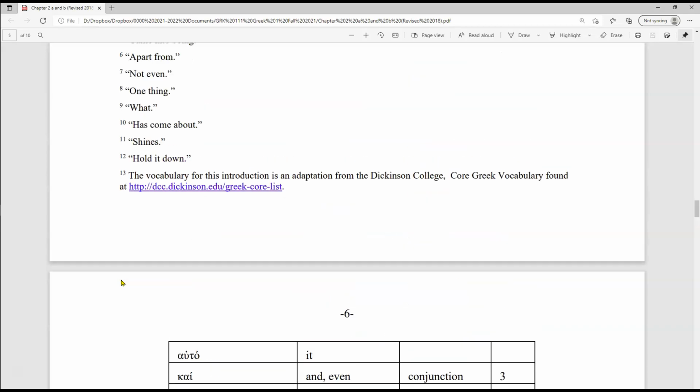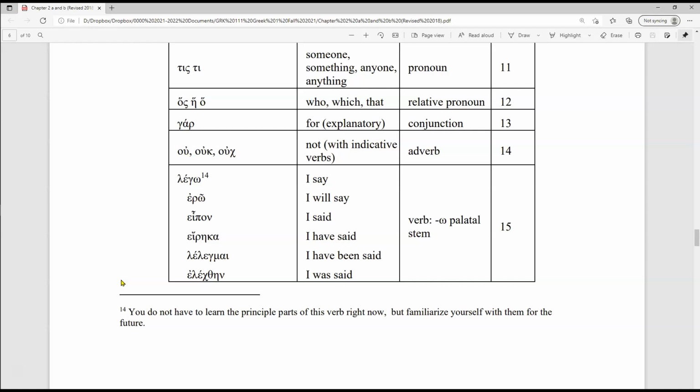If it's not accented on the first syllable, no question mark. So if it's accented on the first syllable, it's the interrogative pronoun. Who did this? Tis. If it's not accented on the first syllable, and see this one isn't, then it means someone or anyone. So if it has the accent, think question mark. If it doesn't have the accent on that very first syllable, no question mark, someone, anyone. Which means it's the indefinite pronoun.